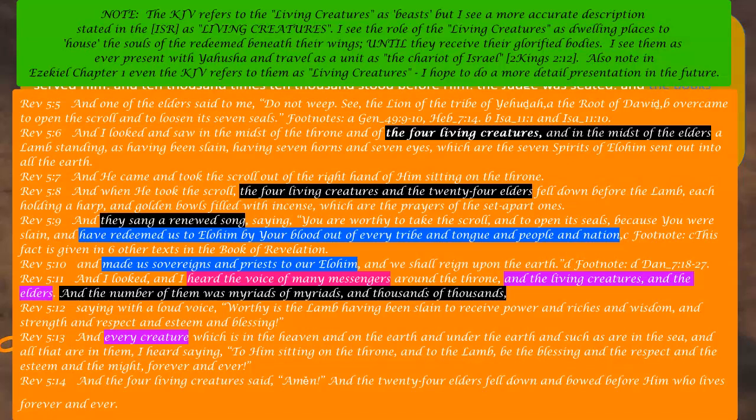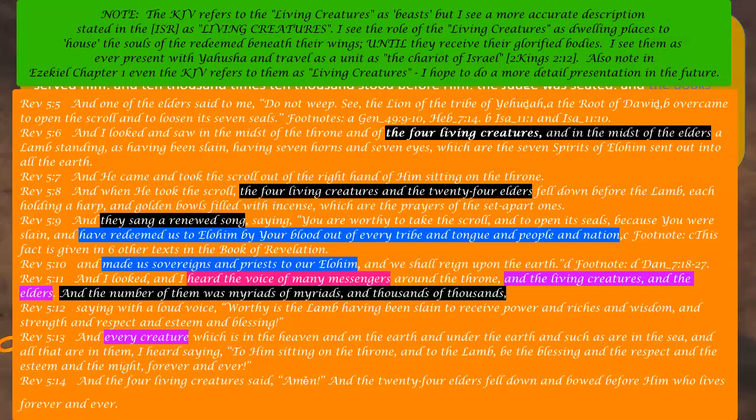Now, who is singing in these verses? They are the 4 beasts and the 24 elders. That is who is singing this song.